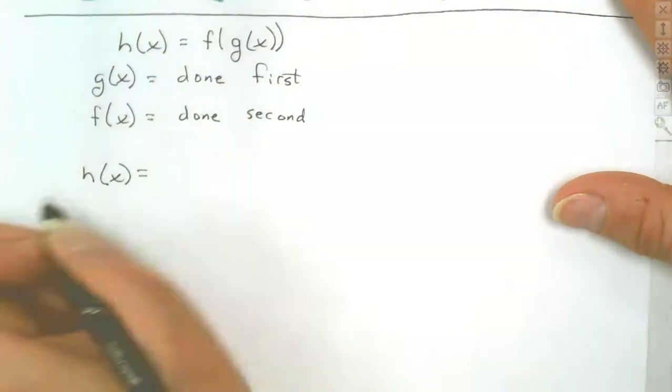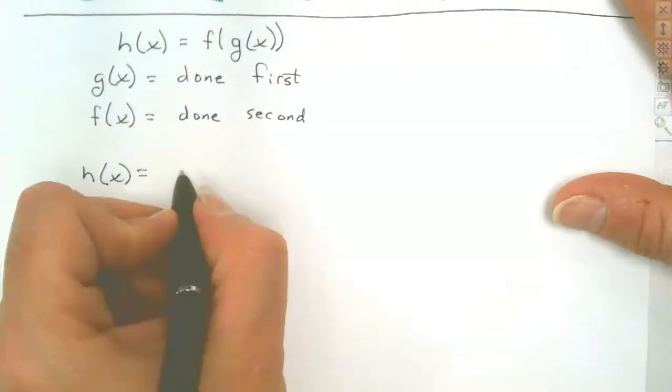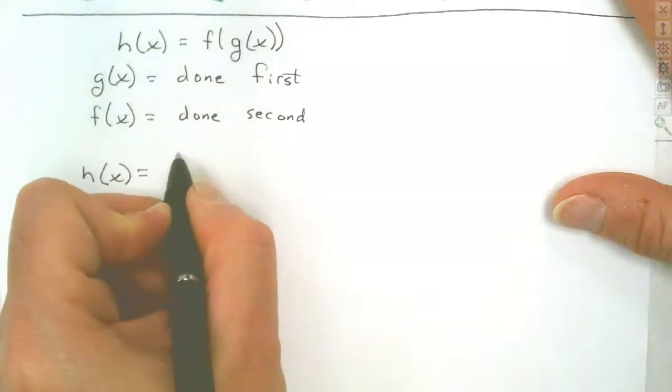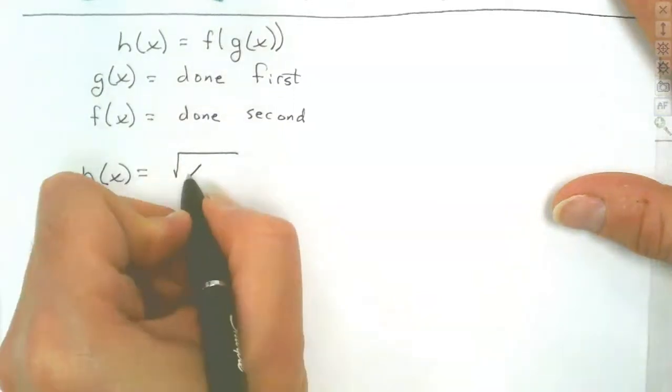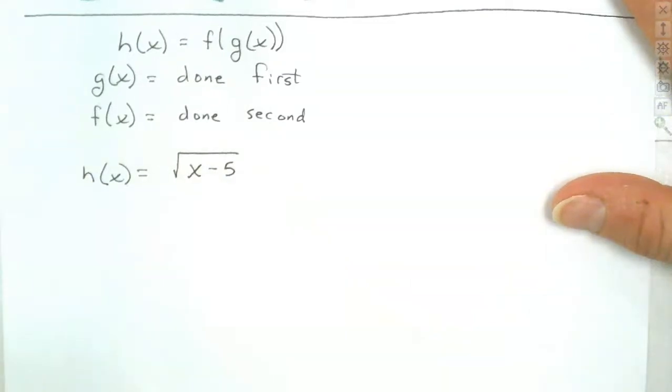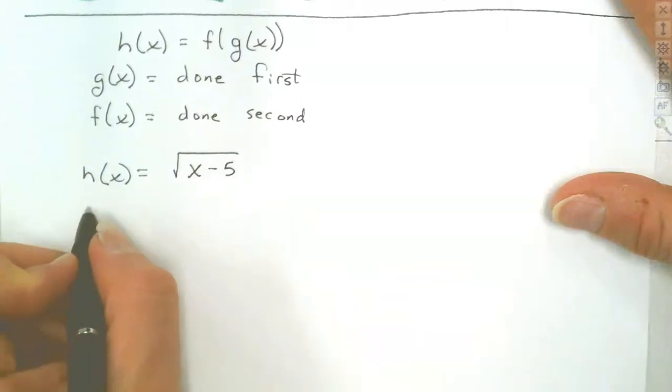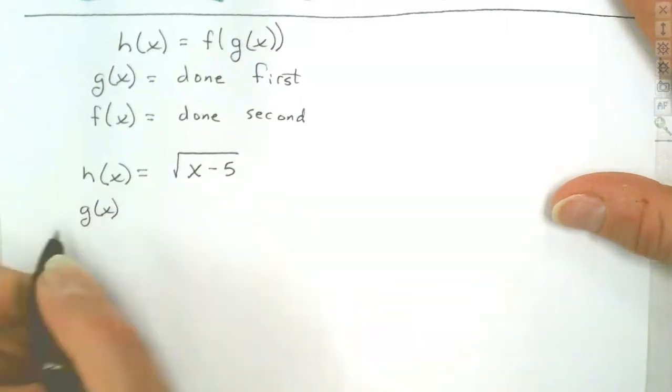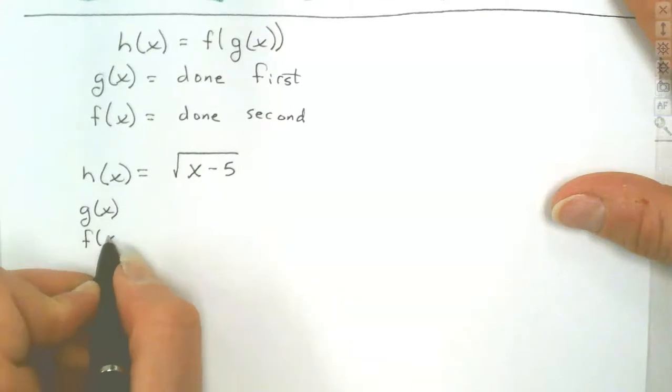So let's say your h of x is the square root of x minus 5. And I want you to find now f and g of x. G of x is done first, and f of x is done second.